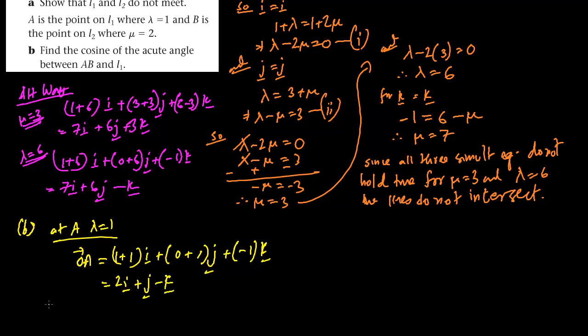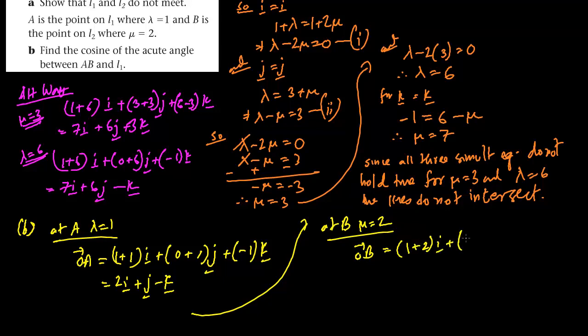So we got A. Then at the point B, mu equals 2. So let me write it over here. At B, mu equals 2. That means OB equals 1 plus mu is 2i plus 3 plus 2j plus 6 minus 2k.